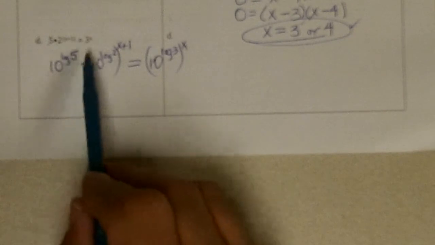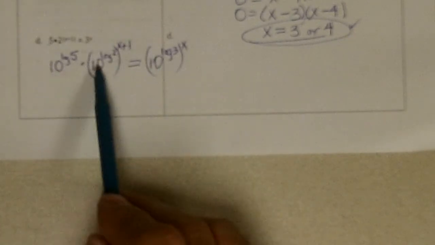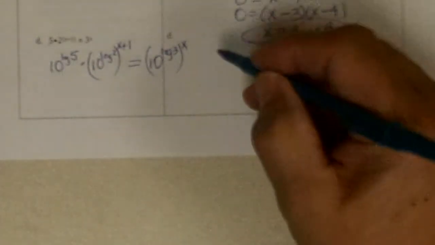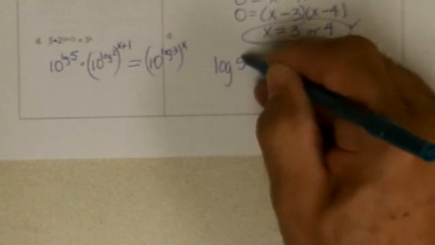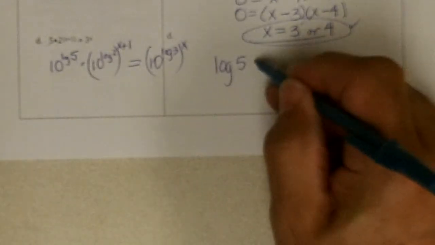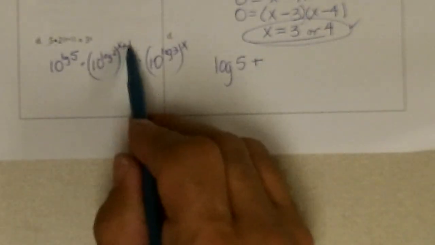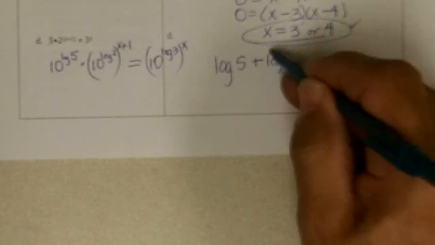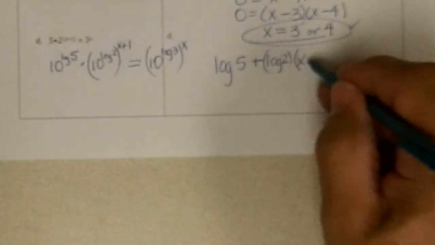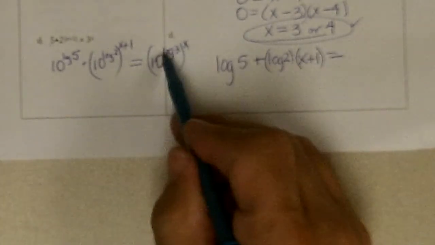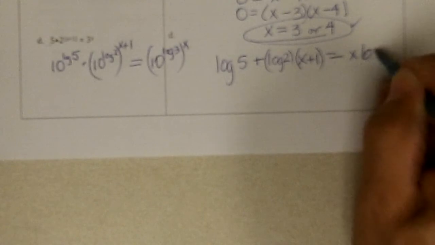So when I've got the same bases, I can say the powers are equal, but I've got a multiply here, and that means I should be adding these powers. So I can write that it's log of 5, that's in base 10 now, plus, when you multiply, you add the powers, and I have to multiply the log 2 times this, so I get log 2 times the quantity x plus 1 equals, and I multiply the powers here, so I get x log 3.